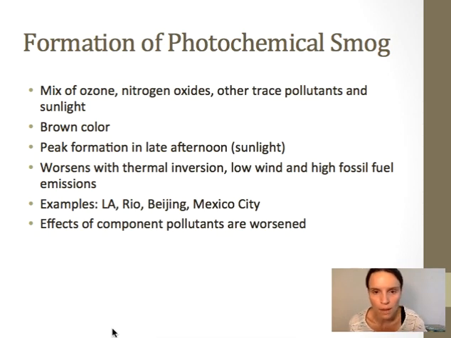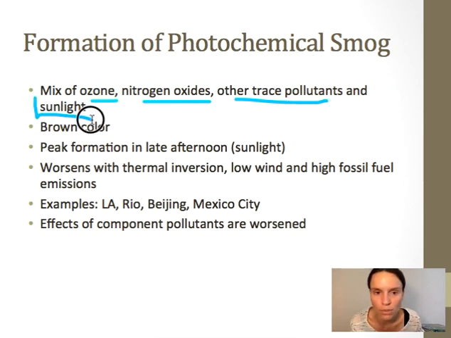So photochemical smog is a mix of ozone, nitrogen oxides, which is what gives it this gross brown color that you usually associate, lots of other trace pollutants, like up to 100 other things, and most importantly, sunlight. So because it's a photochemical substance, its peak formation is in the late afternoon when the sunlight is strongest.